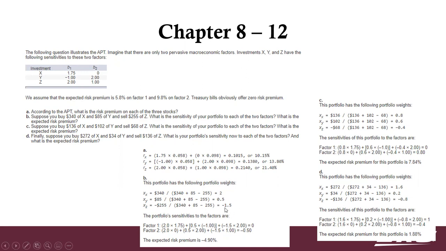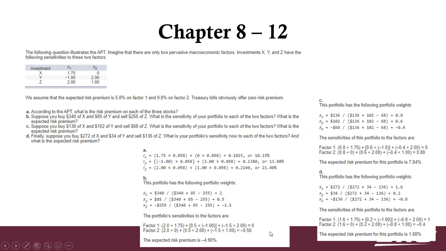It looks like, if we add all of these up, they still add up to 1. It's just that we sold one when we bought the others. But now that we have those weights, we just have the weights times each of those. So 2 times 1.75, 0.5 times -1, and -1.5 times 2. And so the sensitivity for each of those is 0 and -0.5.